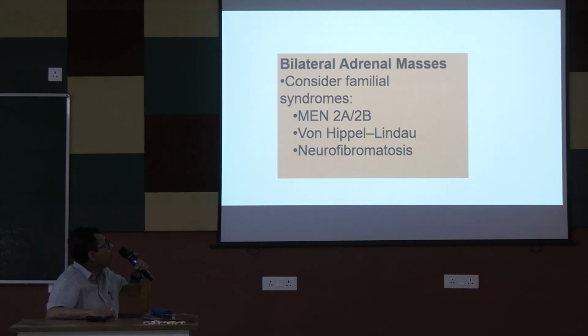Types 2A and 2B are commonly associated with adrenal mass. Von Hippel-Lindau disease is a disease of neurological origin, which can be associated with some renal and adrenal pathology. And neurofibromatosis is a generalized condition in which the adrenal can also be a part of it. So these are commonly familial and may present as a bilateral adrenal mass.